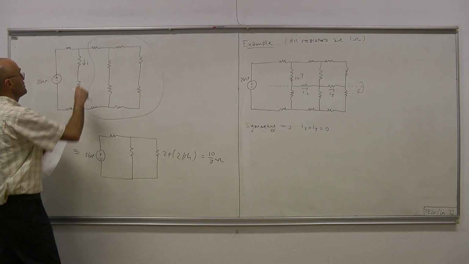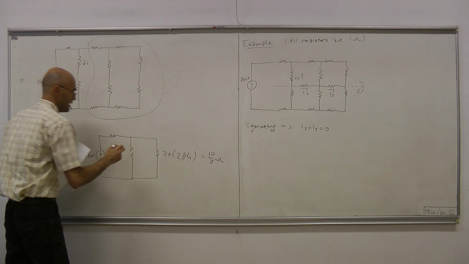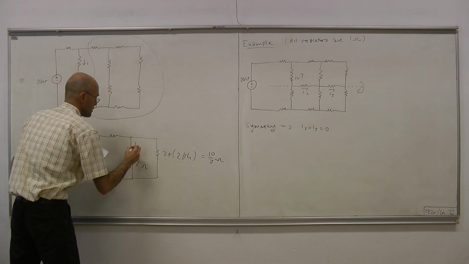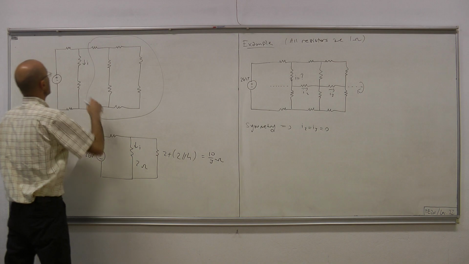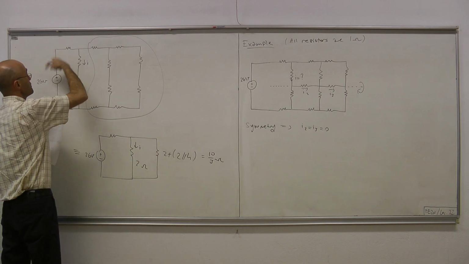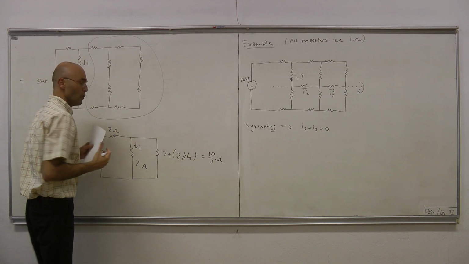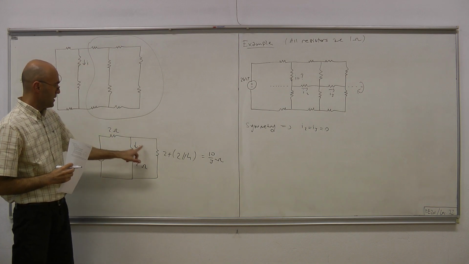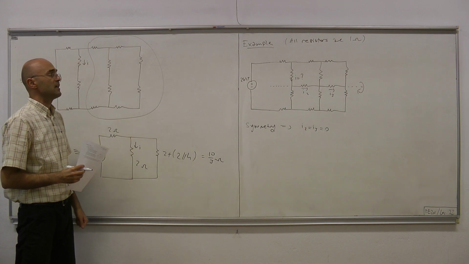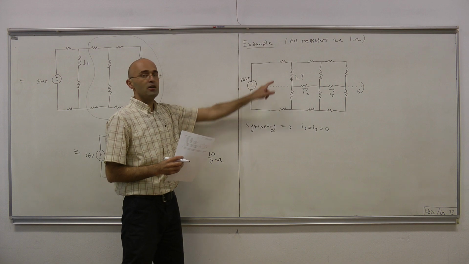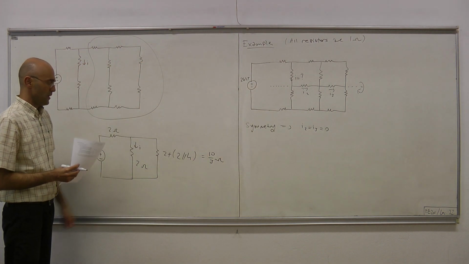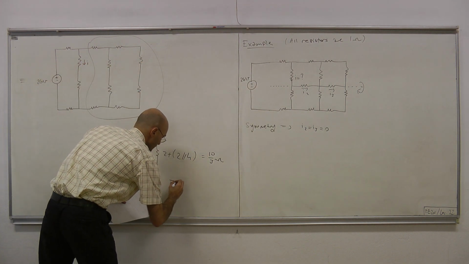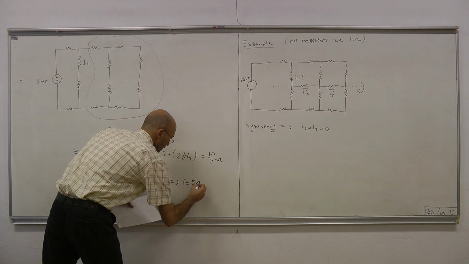And then what remains is these two, 1, 1, which makes 2 ohms, and this is the current I. And here we have 1, 1 in series, which makes another 2 ohms. Now this circuit is considerably simpler to solve than the original circuit, and the answer can easily be obtained as I equals 5 amps.